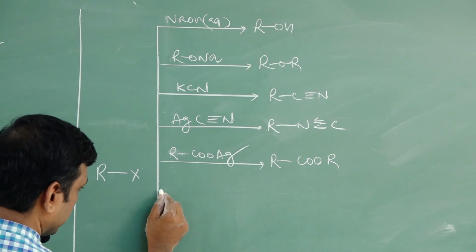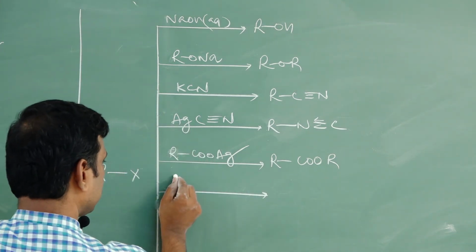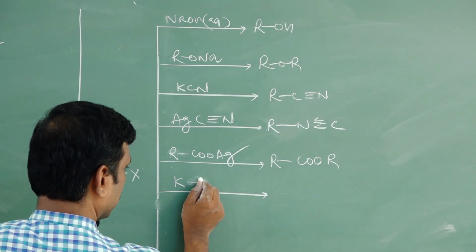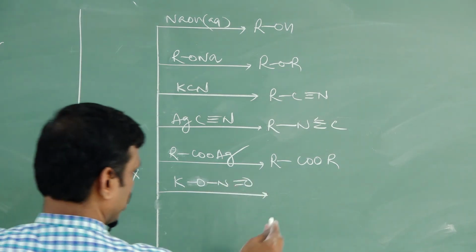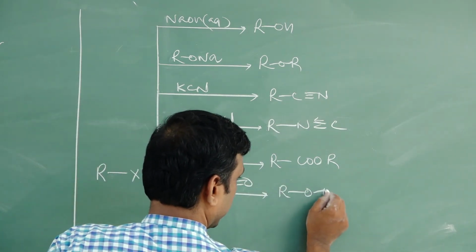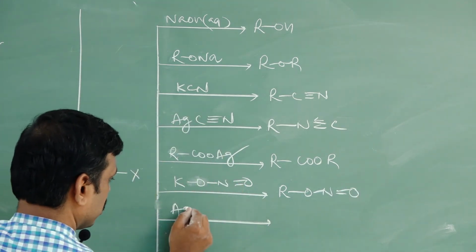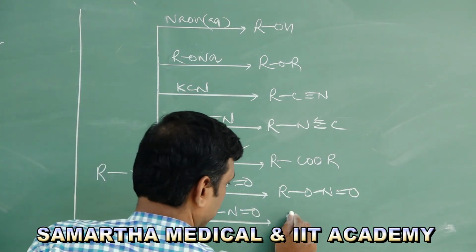With the silver salt of carboxylic acid, you will get ester. Next, reaction with potassium nitrite, KON double bond O, you will get alkyl nitrite. Next, reaction with silver nitrite, but the product is nitroalkanes.